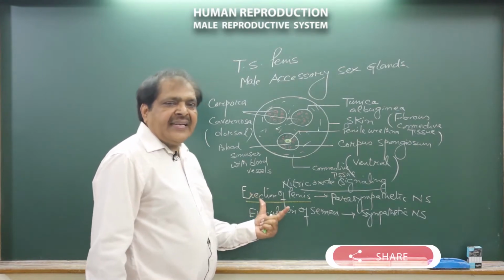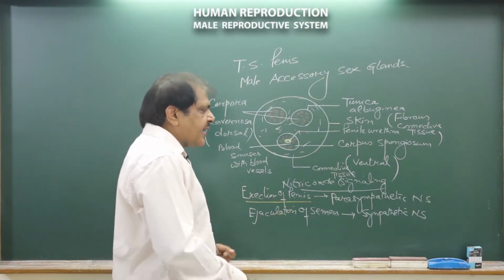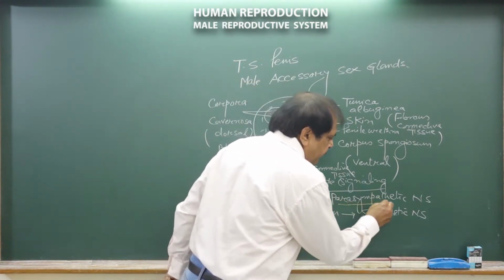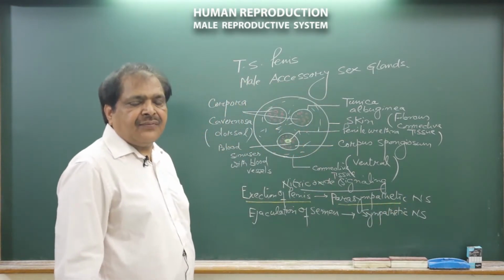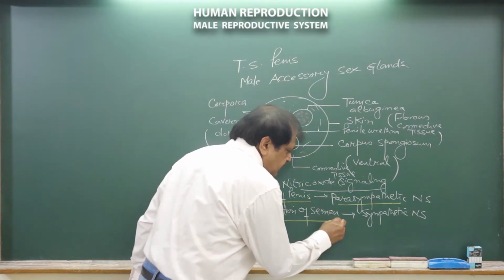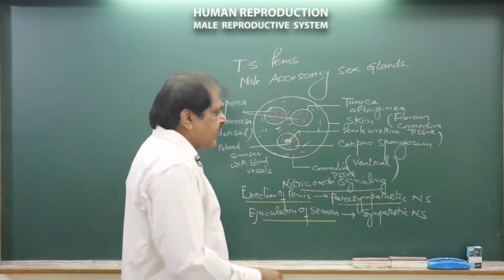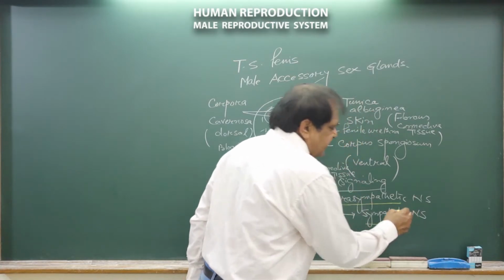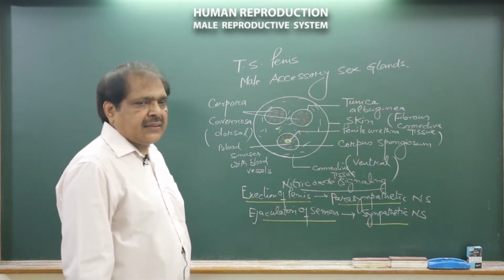And erection of penis is under the control of parasympathetic nervous system. Very important question. Ejaculation of the semen is under the control of sympathetic nervous system. You have to remember this.